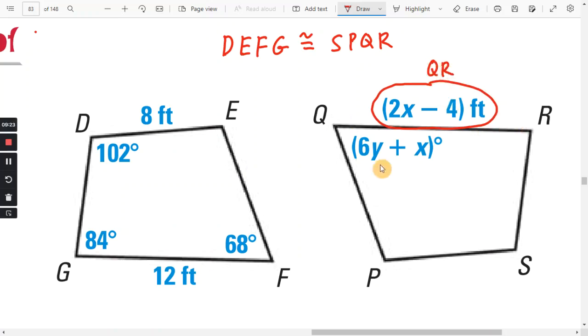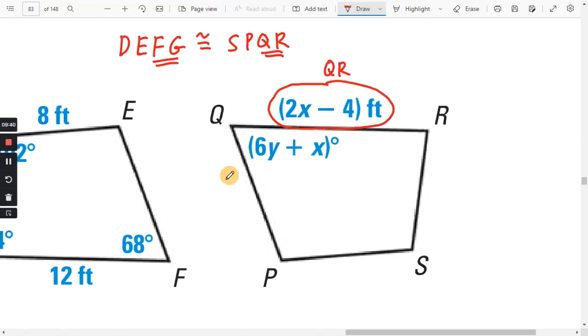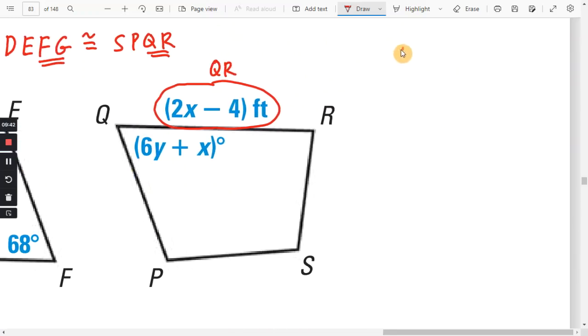So all we have to do is match that to the length on this one. If you look at QR, that is the last 2 letters, the 3rd and the 4th. So QR is going to match FG. Let me write that on the side. QR is congruent to FG.